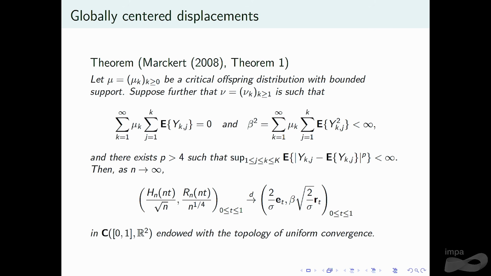This is quite a nice result, but a lot of the natural models we would like to consider have offspring distributions that don't have bounded support. And so the question we were asking is, can we remove this condition? And if so, what are the assumptions on the displacement distributions that we can obtain?